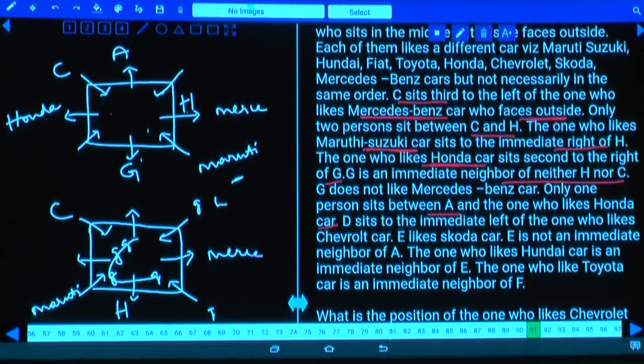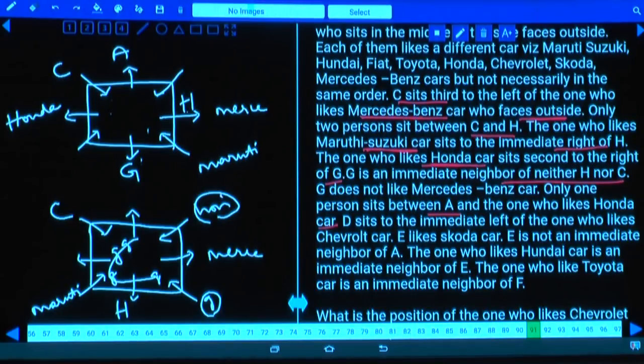Then, tell me where should this G be? Now we are finalizing this one. G can be either at this place or at this place, isn't it? Now if you take G at this place, the person who likes Honda car will be here. If Honda car is here, there is only one person between A and the one who likes Honda car, and there is no possibility at all, isn't it?